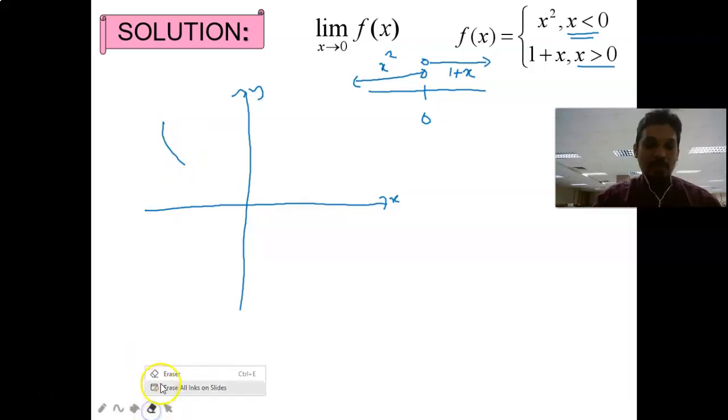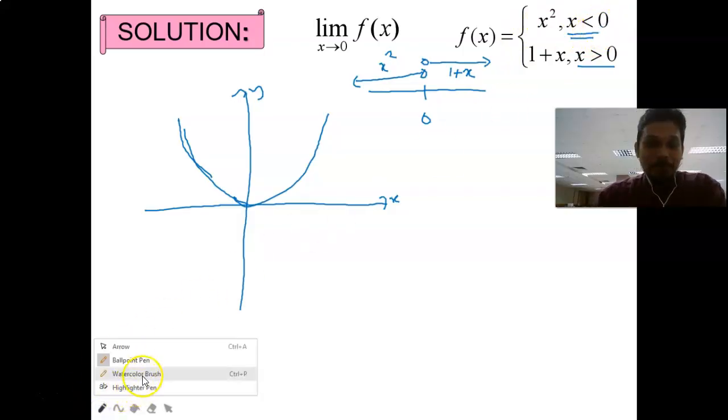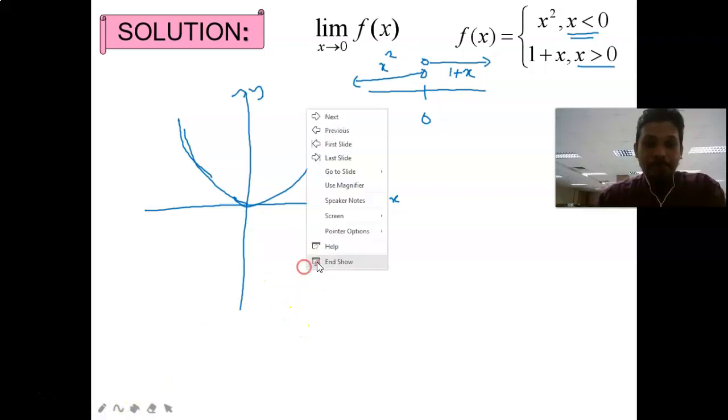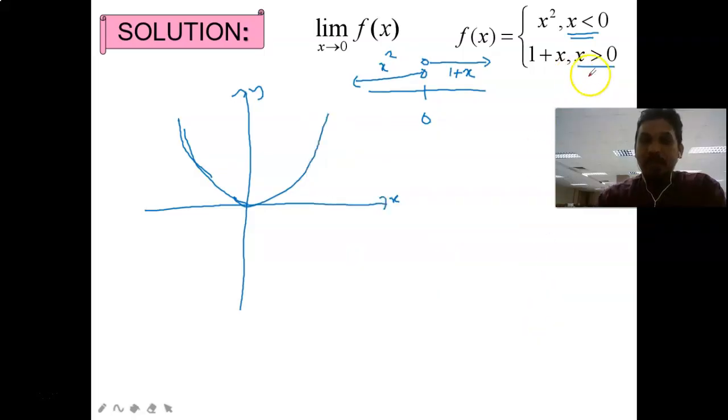But this function x squared is valid only for x less than 0. So we are talking about the part of the graph on the left side of this.